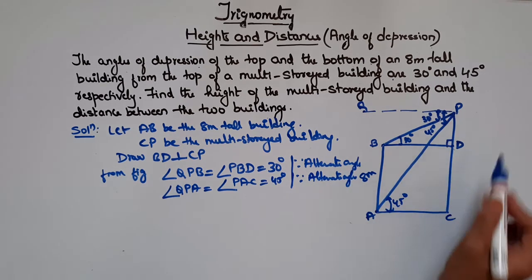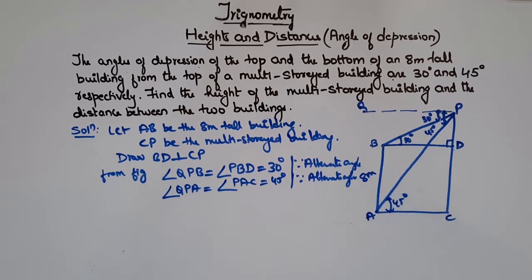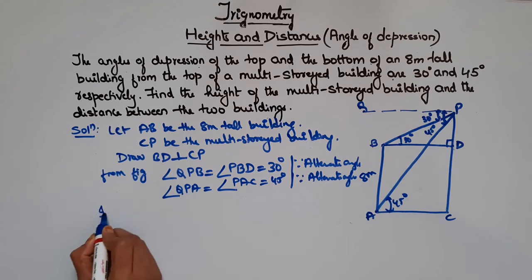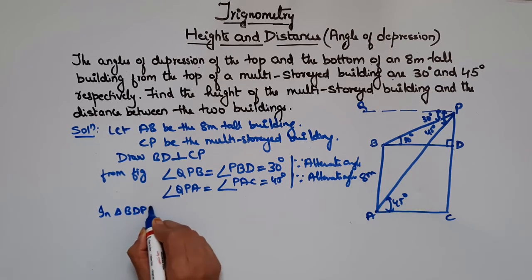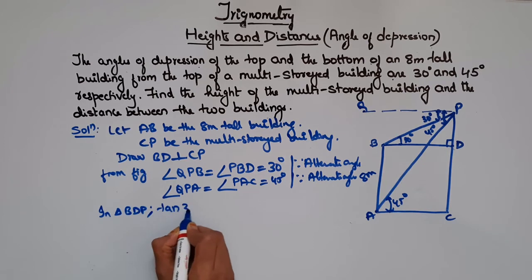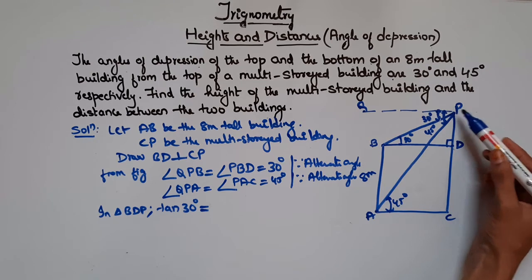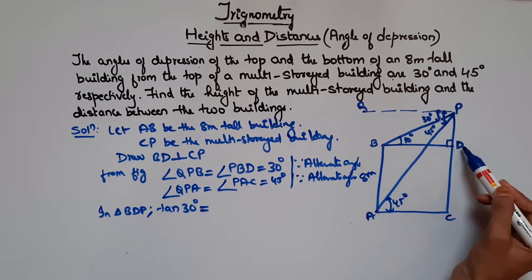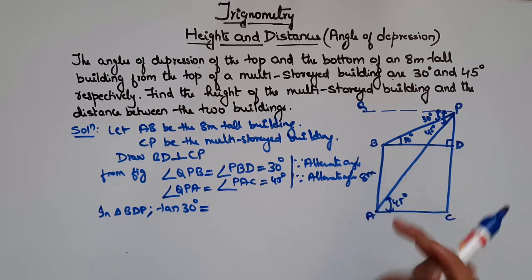Now if you see the figure here, BDP is a right angle triangle, right? So what is tan 30? In triangle BDP, tan 30. What is tan 30? So tan 30 is opposite by adjacent. Here the side opposite to this angle is PD, by adjacent side is BD.